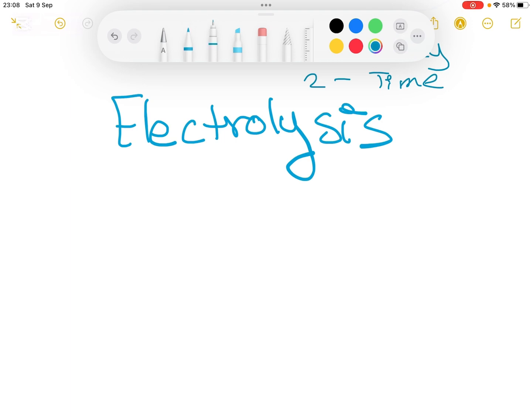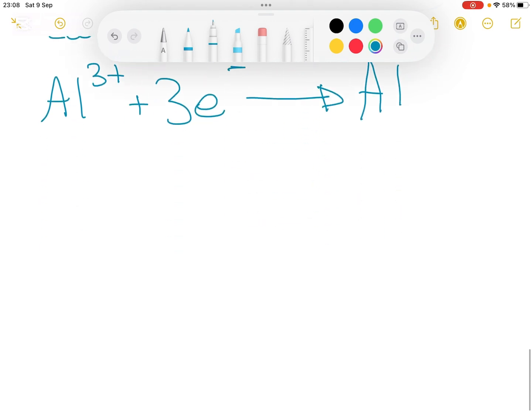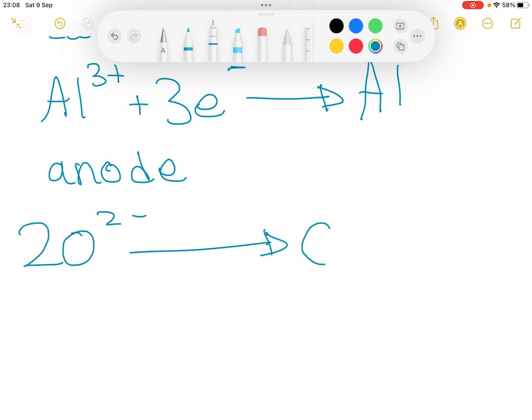At the cathode, the aluminium ions receive electrons to become atoms again. And at the anode, the oxide ions lose electrons to become oxygen molecules.